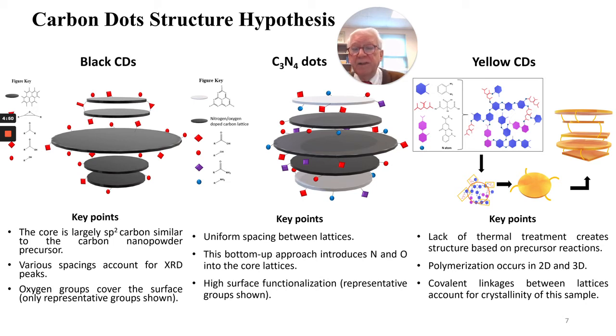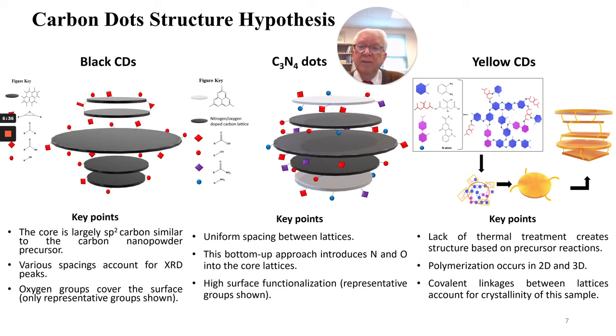Using Raman spectroscopy, X-ray diffraction, FTIR spectroscopy, and X-ray photoelectron spectroscopy, we found that the core of the black carbon dots is mainly sp2 carbon atoms. For the carbon nitride, there is introduction of nitrogen and oxygen into the core lattice. And finally, very surprising for the yellow carbon dots, we could see polymerization in 2D and 3D. And the crystallinity is very, very important.